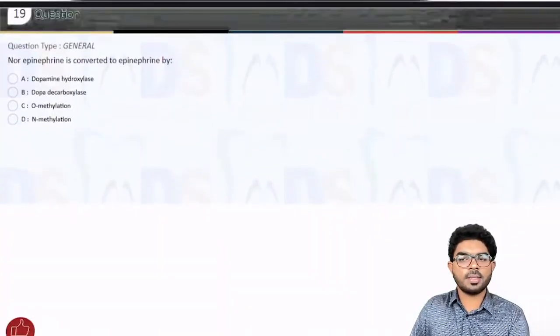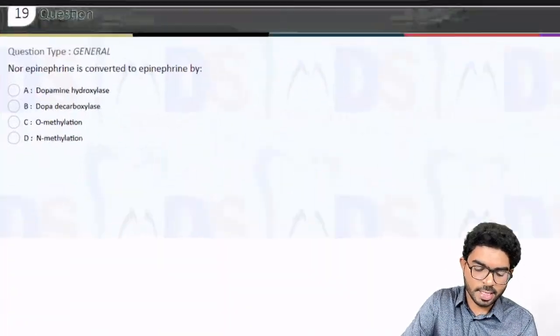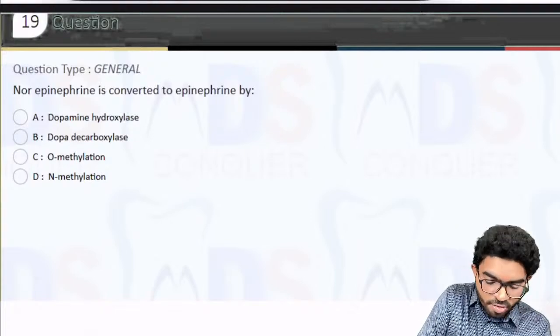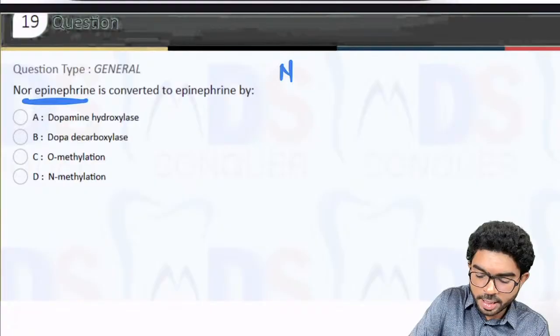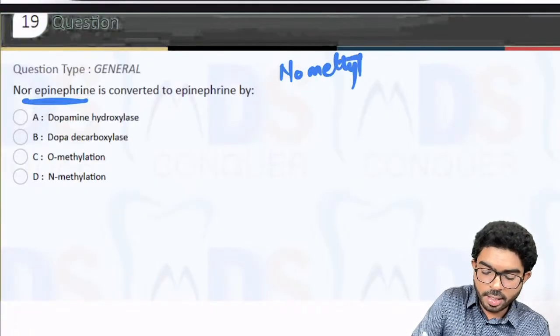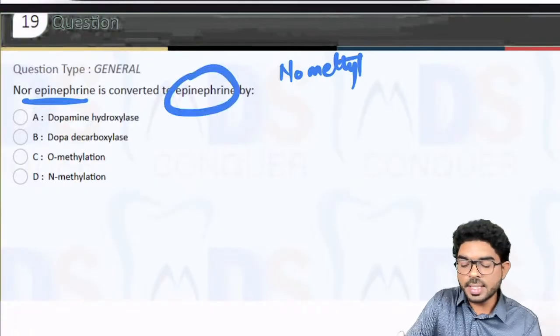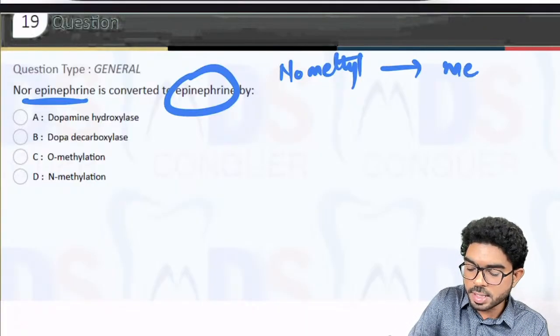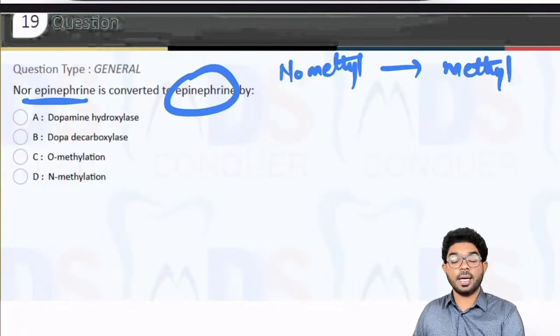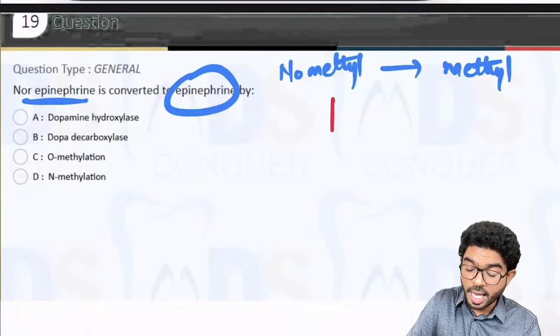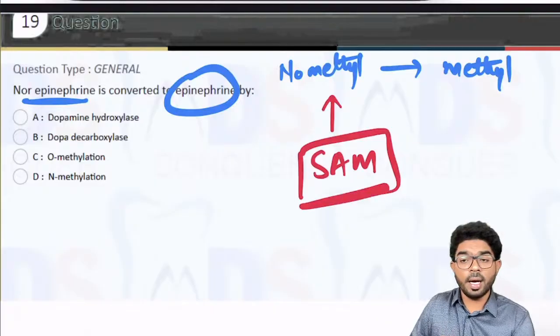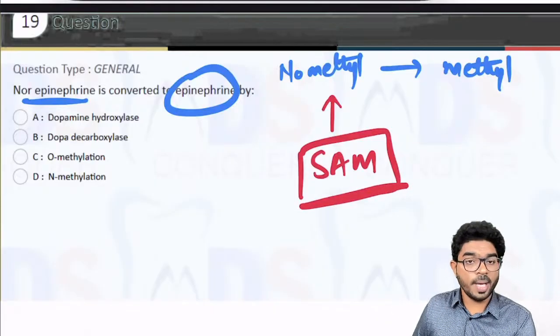Okay, next comes again catecholamine synthesis, which is important, right? Norepinephrine, which has no methyl group, is converted to epinephrine, which has a methyl group, by a process called methyl transfer, and who is providing this methyl group? SAM is providing it.